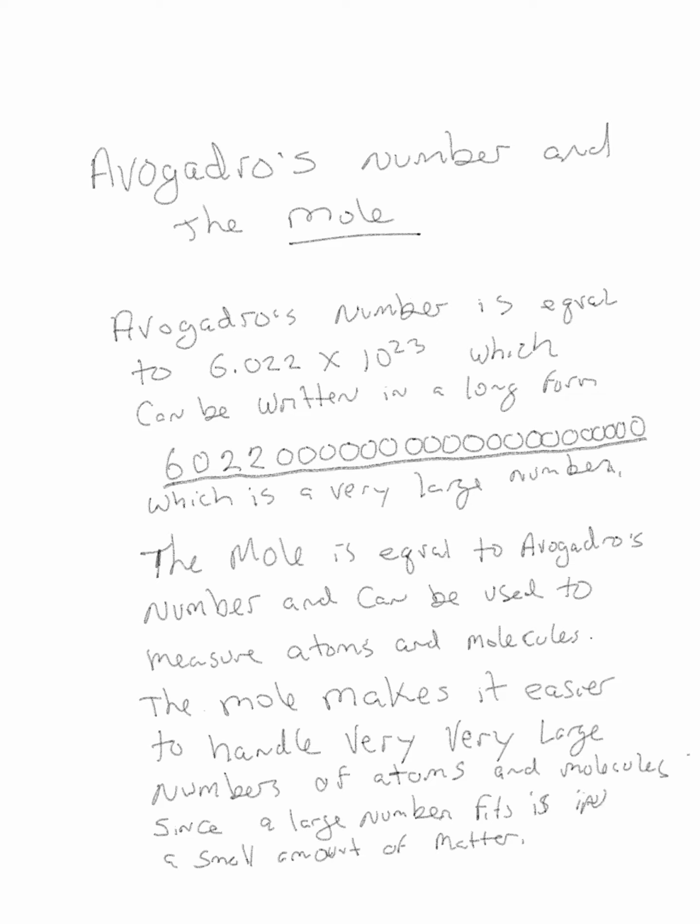And even if you have just a tiny pinch of an atom or molecule, there's always going to be billions and billions of atoms or molecules there. So by using the mole, we can handle large numbers of atoms and molecules, and we can use that to perform chemical reactions.